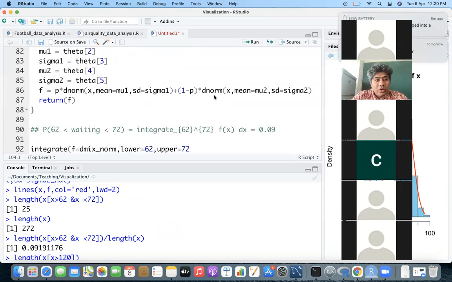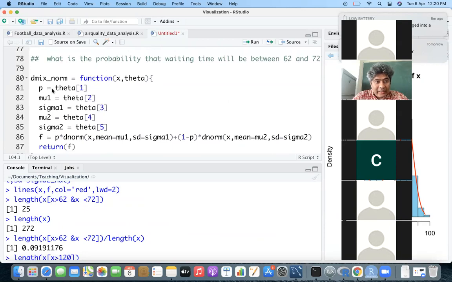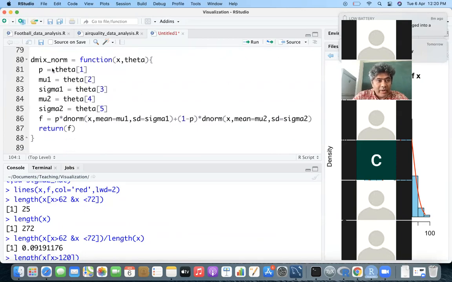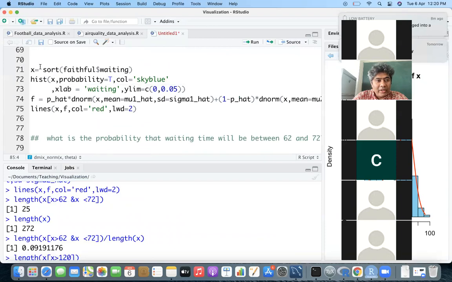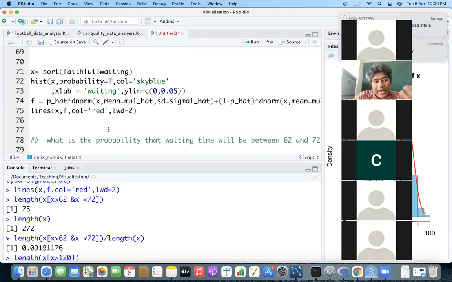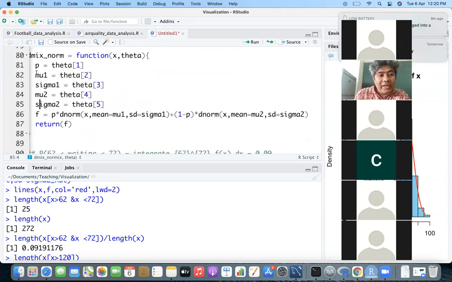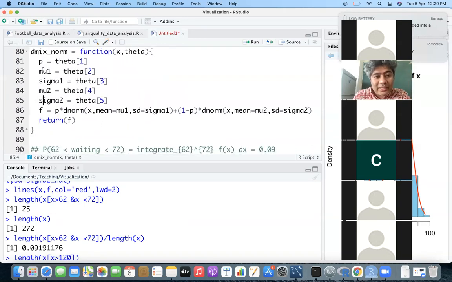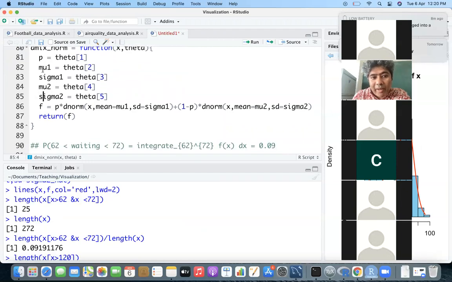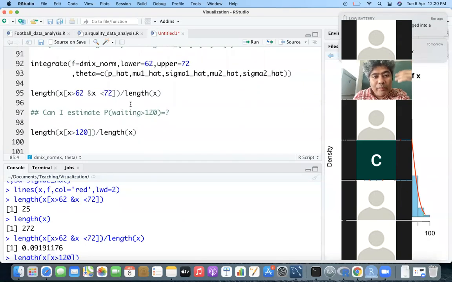So yes, you're right that this is my distribution, but what we are doing, we are giving this p, mu 1, sigma 1, sigma 2, mu 2. These are estimated through a likelihood procedure. Likelihood is nothing but a representation of how the data behaves. So in the light of the data, we are saying that, okay, these are the estimates of the parameters, and under those parameters we are trying to make some predictive inference here.